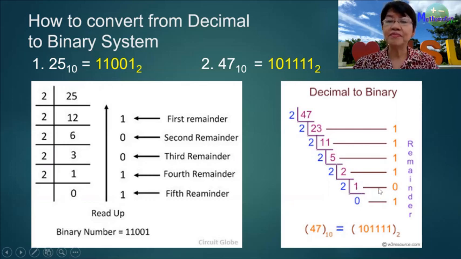And 1 divided by 2 is 0, remainder 1. And then you read upward. So 47 base 10 is equal to 101111 base 2.